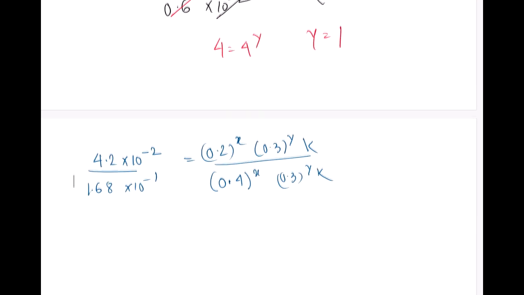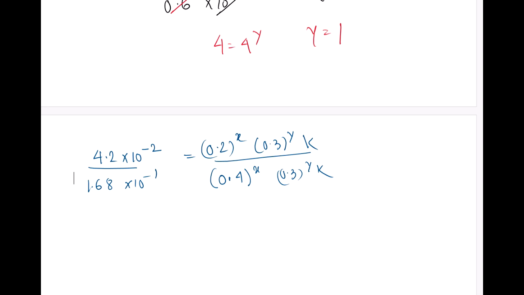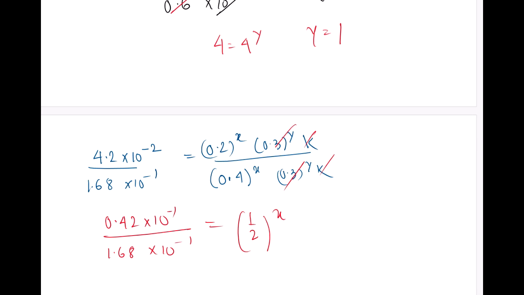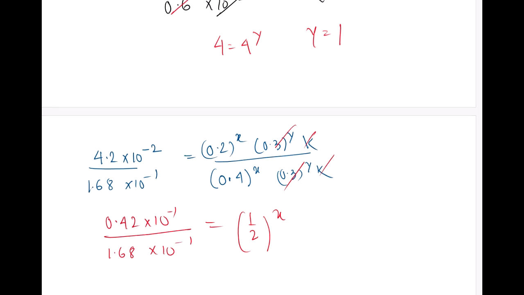Here the same B will cancel out, the rate constant also cancels, and we have 1.68 and 4.2. We can write this as 0.42 into 10 to the power minus 1 divided by 1.68 into 10 to the power minus 1 equals 1 by 2 to the power X. By dividing 0.42 and 1.68 we get 1 by 4. 1 by 2 to the power X equals 1 by 4, and X equals 2. So the order of the reaction with respect to A will be 2.